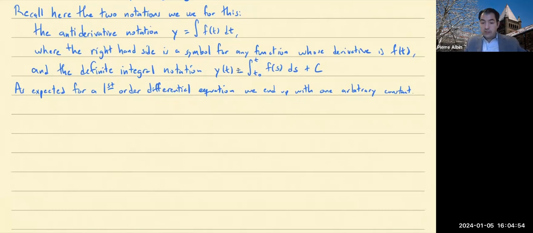So in this case, this is the solution to this differential equation.